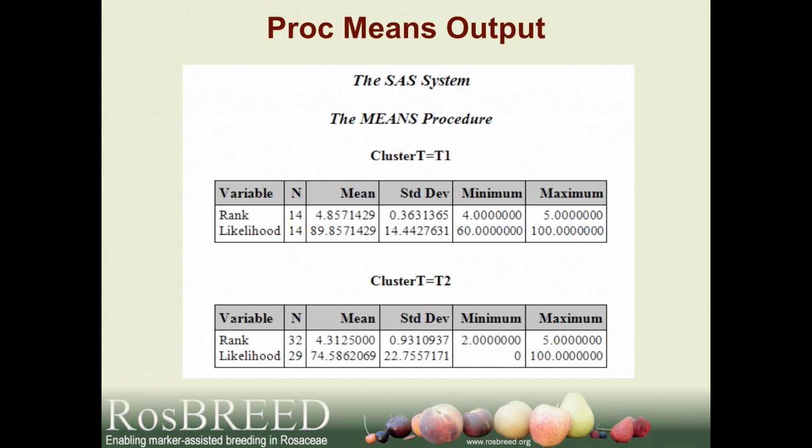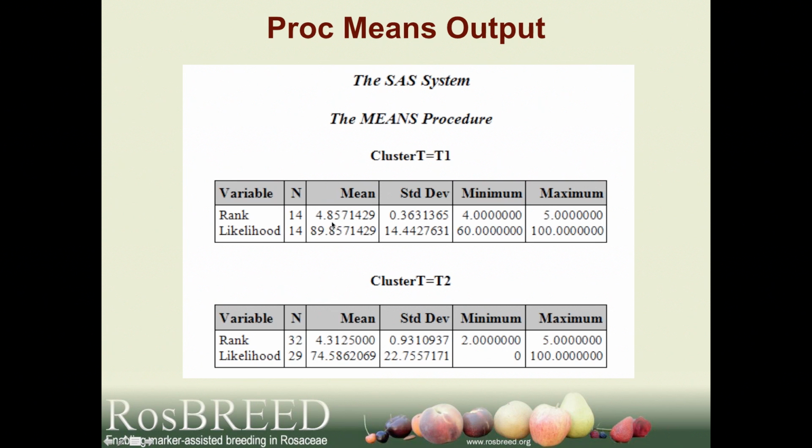This is the proc means output for cluster 1 and cluster 2. The variables are rank and likelihood. For cluster 1, there are 14 observations for variables rank and likelihood.